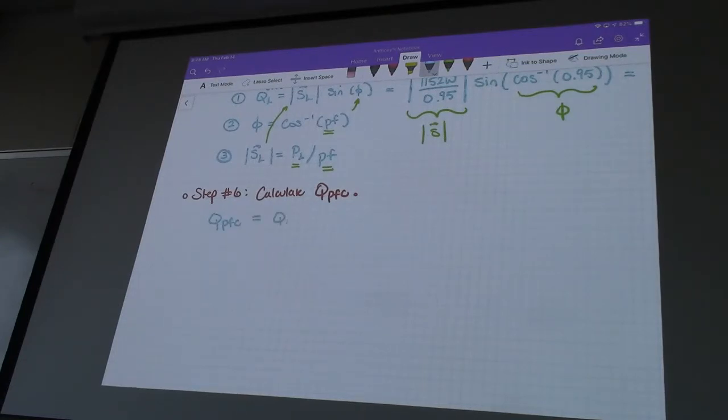So we'll have QL at 0.8 minus the QL, well, you know what?